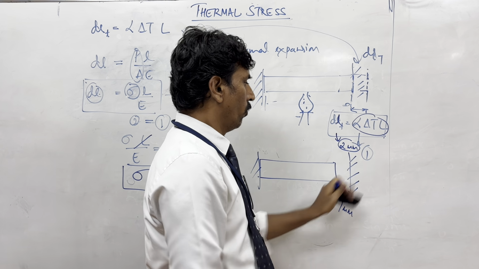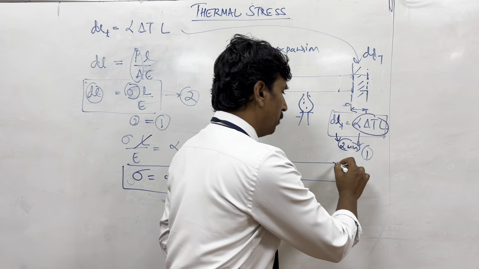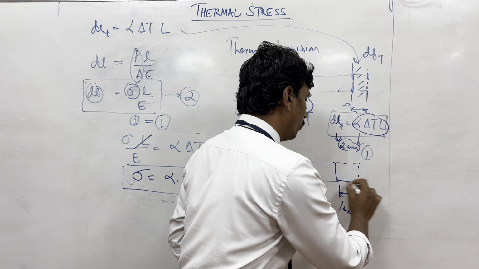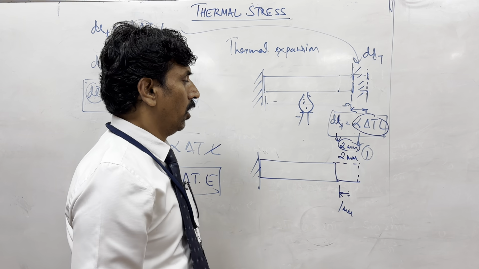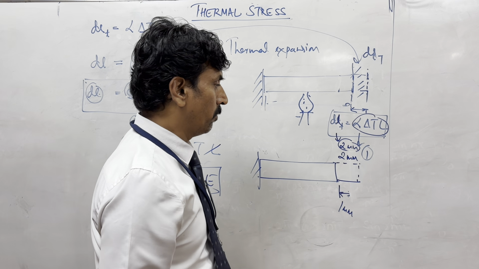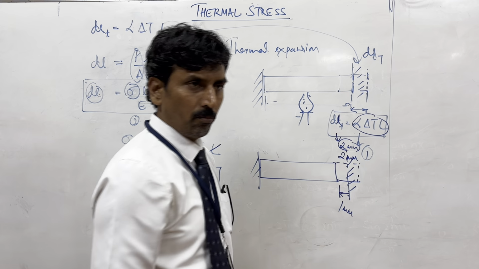So without this wall here, the rod would have expanded by 2 mm. But there is a wall at a distance of 1 mm.